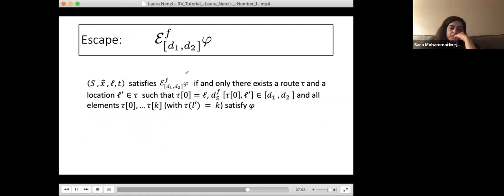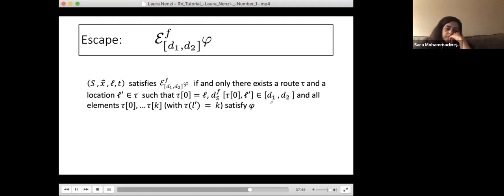So a spatial model S and a spatio-temporal trajectory X satisfy this escape property in location L at time t, if and only if there exists a route tau and a location L prime that belongs to the route, such that the first element of this route is L, and the route distance between the location L and L prime belongs to the interval D1 and D2.